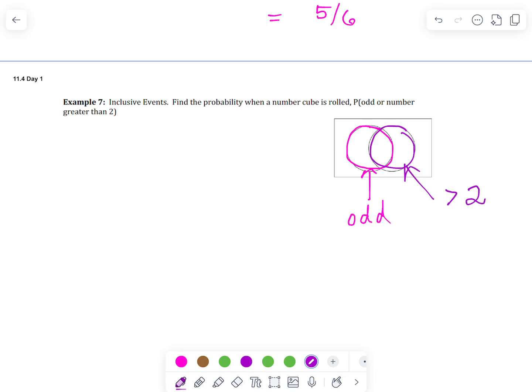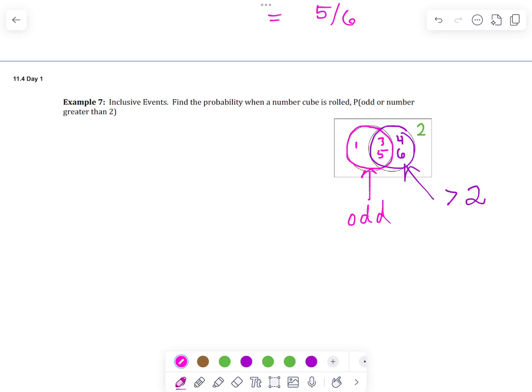So let's go ahead and write those numbers in. So 1, and then 3 and 5 are odds, but they're also greater than 2. And then we have 4 and 6. And the one number we're not using is the number 2, so that goes outside.